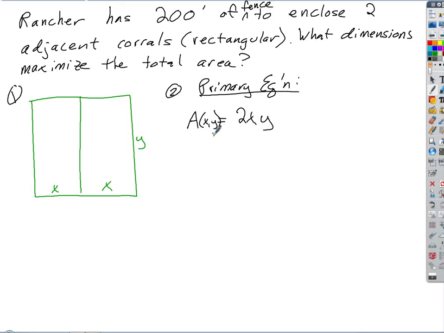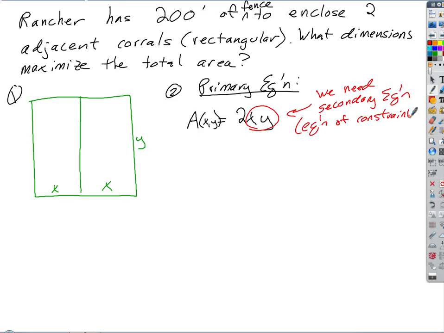But here we've got two independent variables, so I have to come up with a substitution equation, a second equation to relate those two variables. So we need a secondary equation, which we can call an equation of constraint.